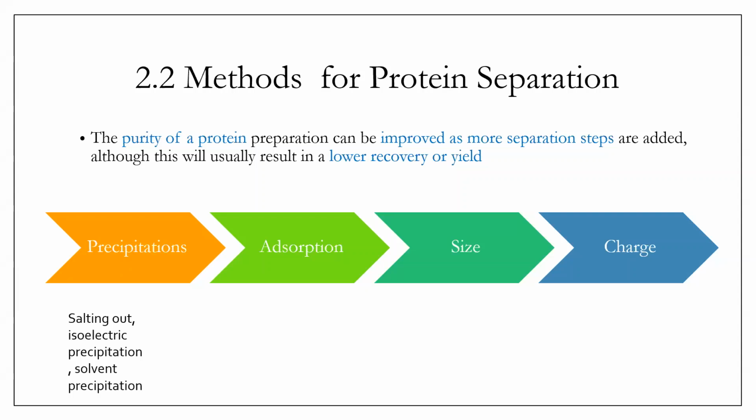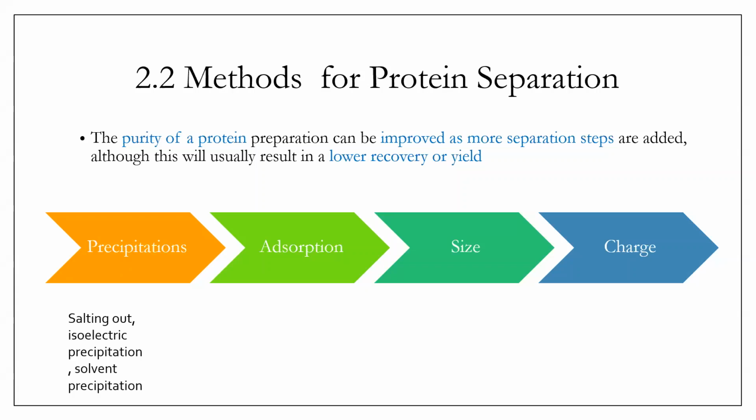And then we have isoelectric precipitation, meaning precipitating them at their isoelectric point when their charge is 0. So precipitation is a very initial step which is normally done for sample cleanup.